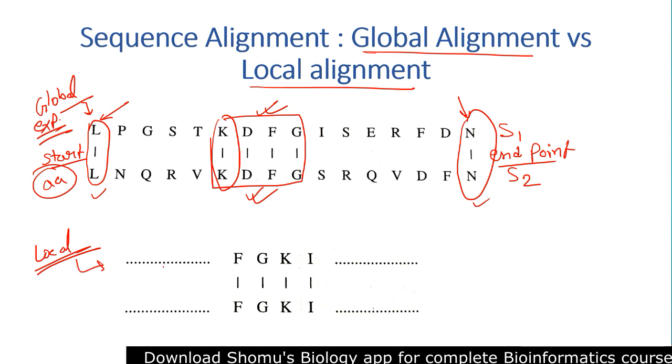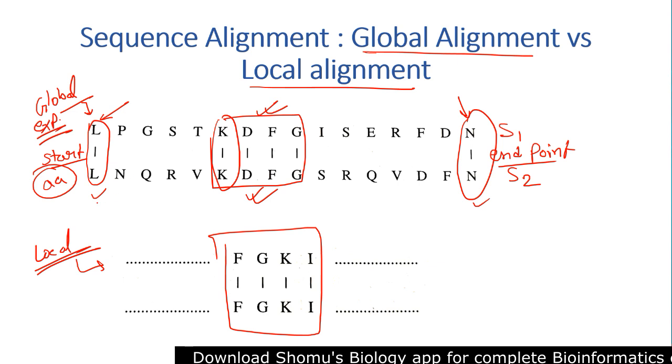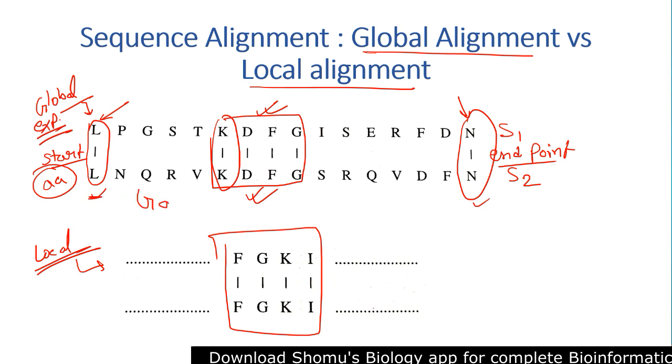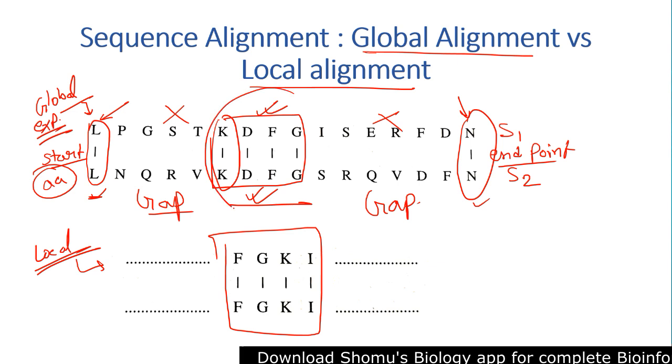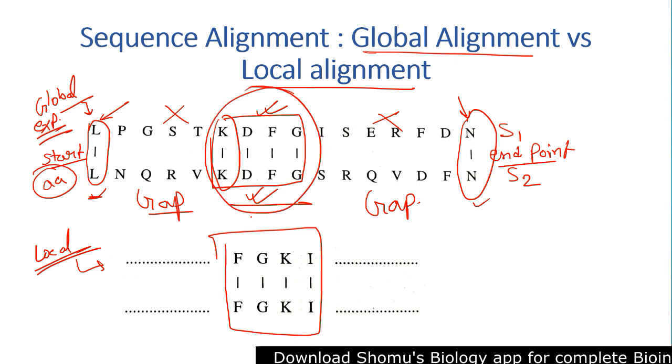But in local alignment, we are only going to take ungapped regions into consideration, because there is a sequence similarity, then there is a gap, another sequence similarity, then there is another gap. If we take the gap sections out, then only the portion without the gap, known as the ungapped region, remains, and any similarity in the ungapped region is searched out, and that results in the local alignment.